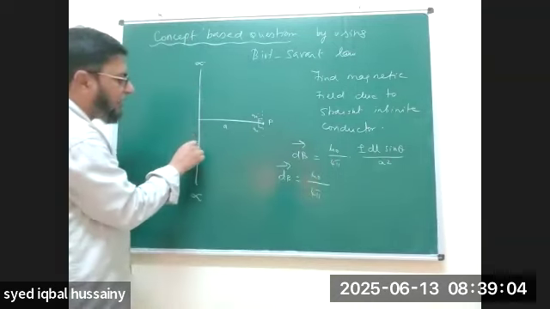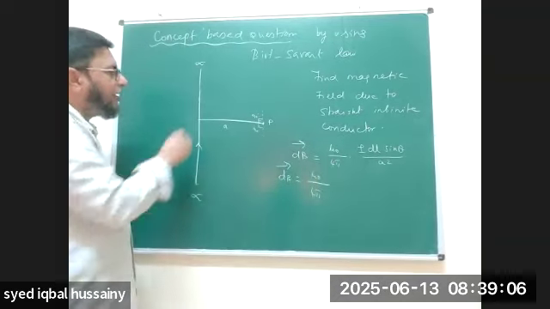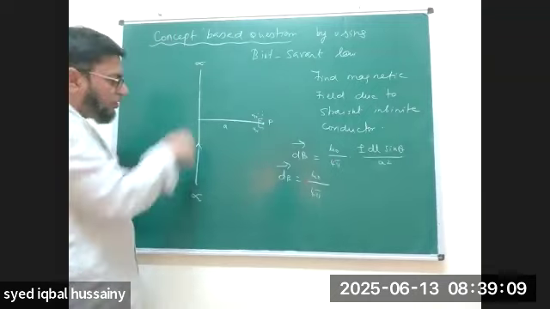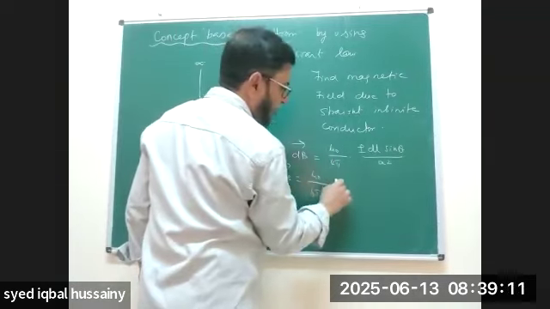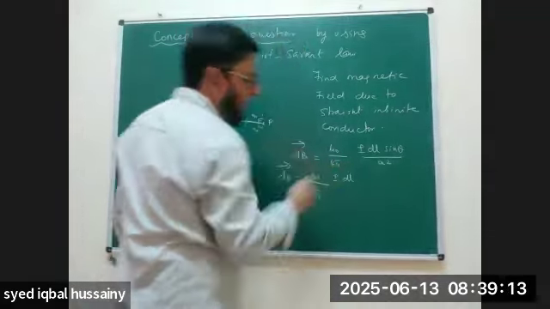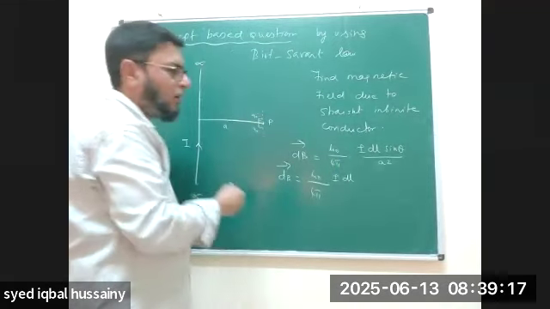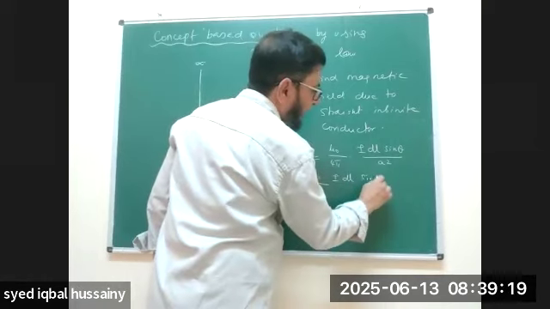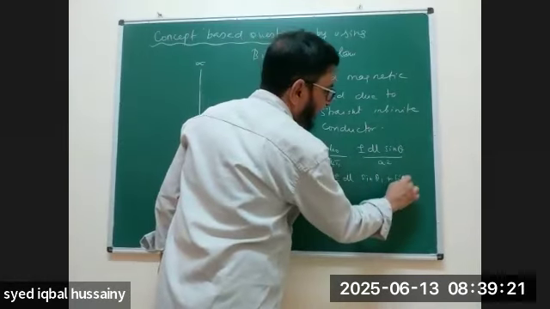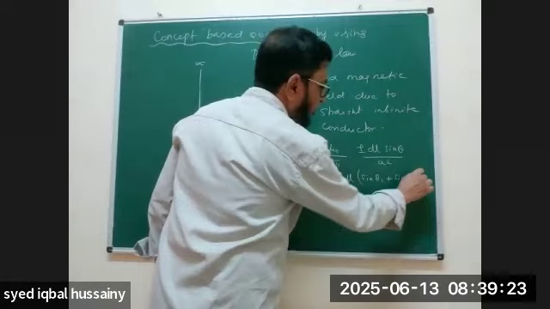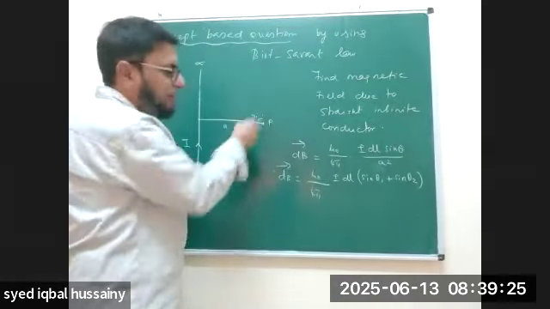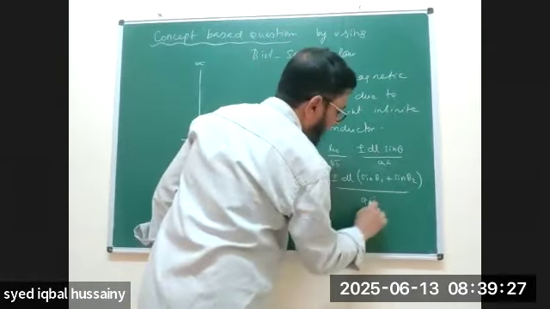Okay. Now dB equal to mu naught by 4 pi. Imagine that current I is flowing in the conductor. I dl element, you have taken this element. So mu naught by 4 pi, I dl sin theta. Two angles are here and here, you divide this as two. So dl, sin theta 1 plus sin theta 2. Imagine that two angles you have taken, that is 90 degree, divided by a square.